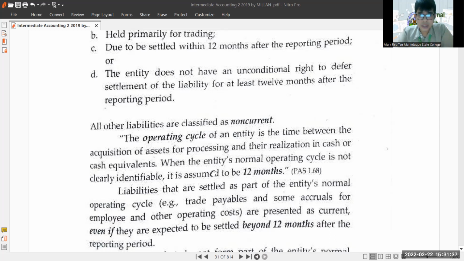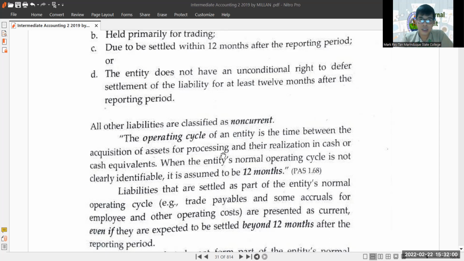And then sabi dito, when the entity's normal operating cycle is not clearly identifiable, it is assumed to be 12 months. Ayan. That is the default assumption naman. Kasi normally, ang business year ng mga entity is 12 months naman. Pero it's not always the case.